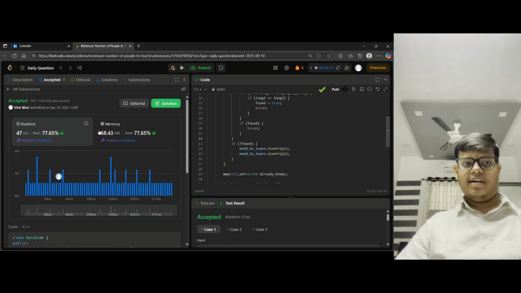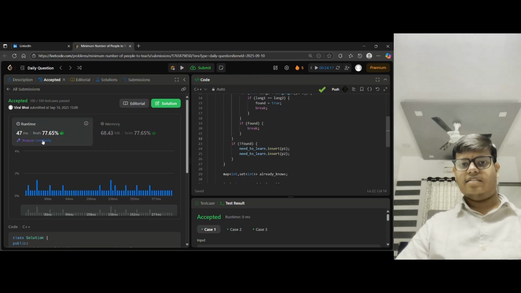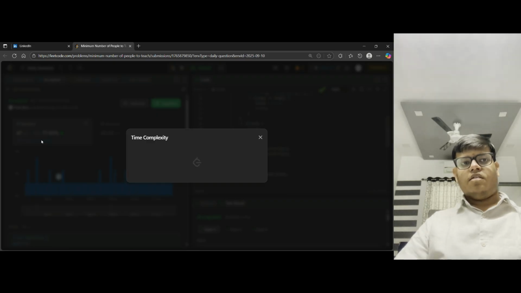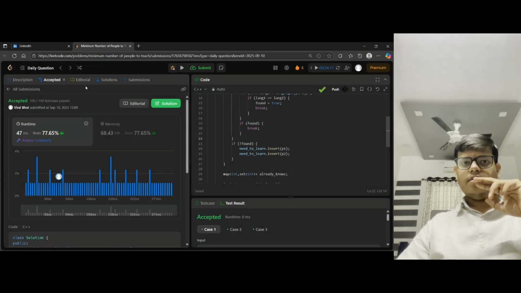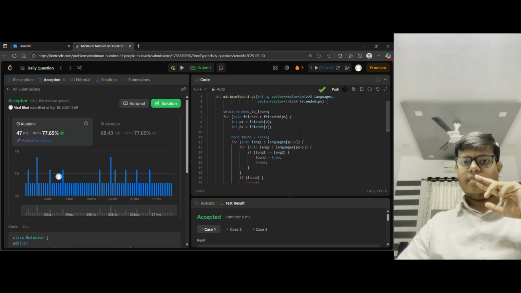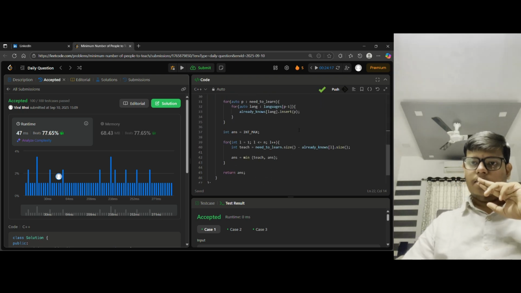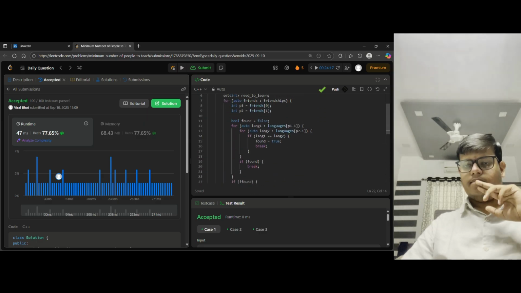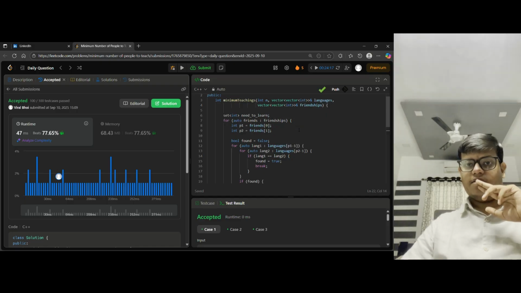I need to calculate. Let's see what LeetCode says, if they are giving us an answer. Anyway, we can do it. So I think the complexity is n into m, but I need to check and verify.